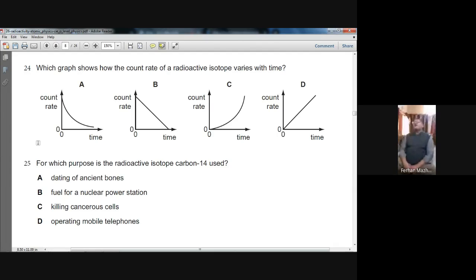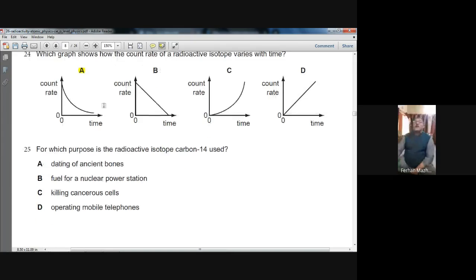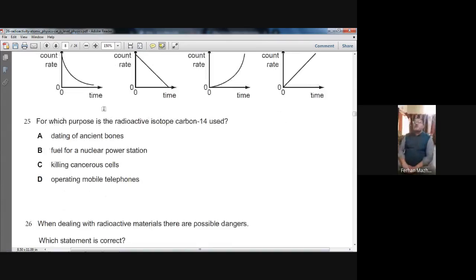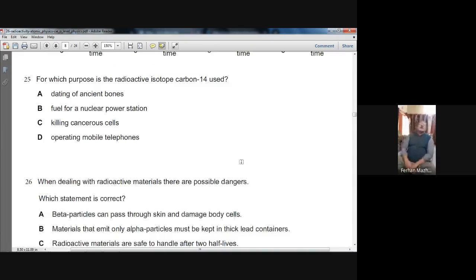It should be a curve. So A is the best choice. Do you understand this question? Yes, sir. Okay. For which purpose is the radioactive isotope carbon 14 used? It is used for carbon dating to find out the age of ancient bones. So what is the choice?